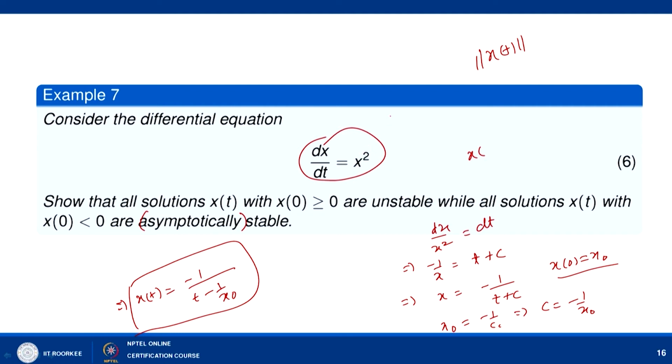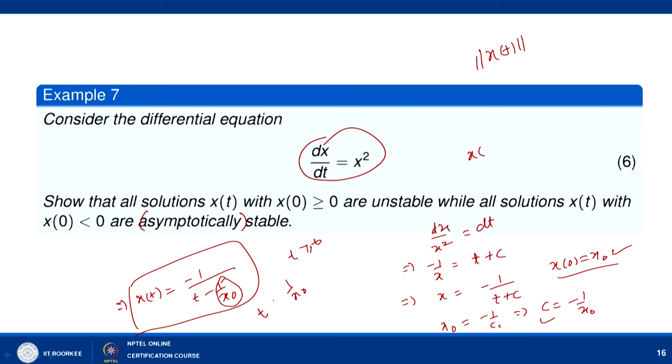Now, look at the case when x0 is positive. So, if x0 is positive, then c is a negative value, or I can say that when x0 is positive, then this quantity is positive. Since t starts from 0, t is greater than or equal to 0, in particular t will assume the value 1 upon x naught, since x naught is positive.